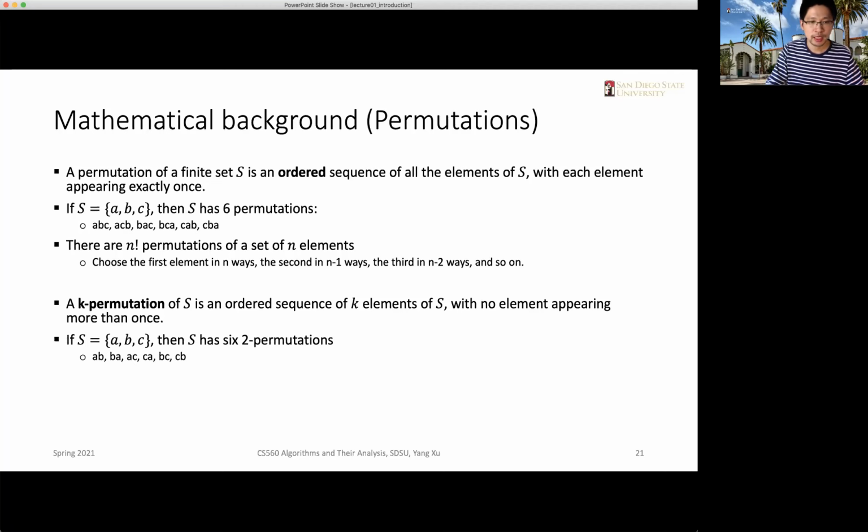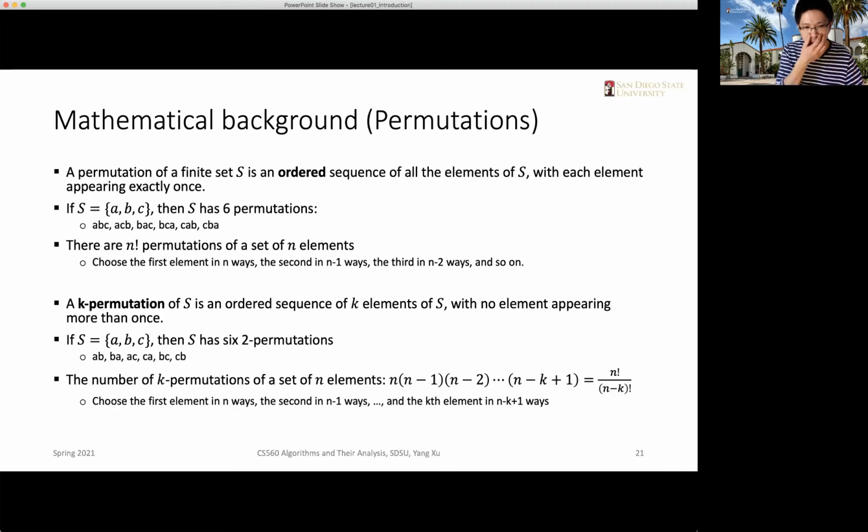With k-permutations, we can use the formula n times n minus 1 times n minus 2 until n minus k plus 1. And if we define it using factorials, it's also in a neat form. So that's permutations.